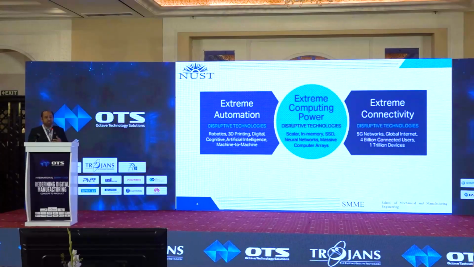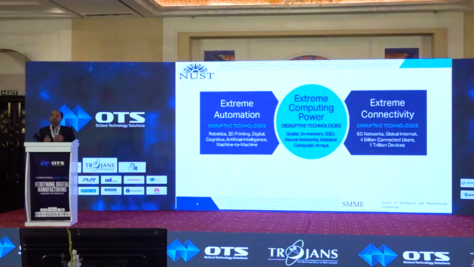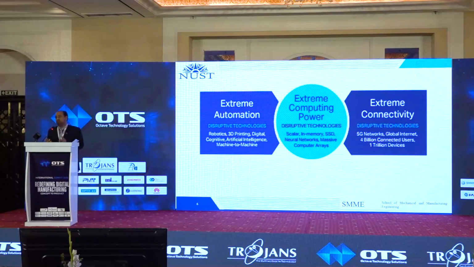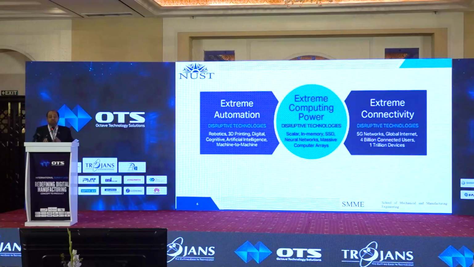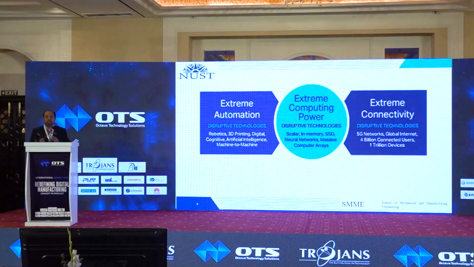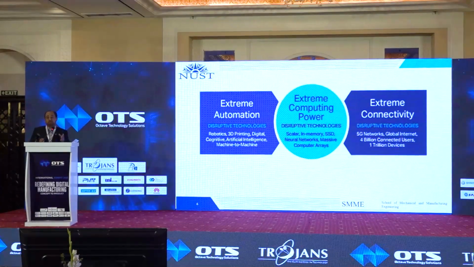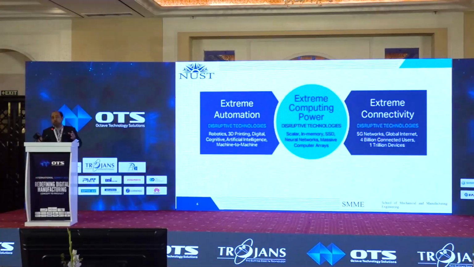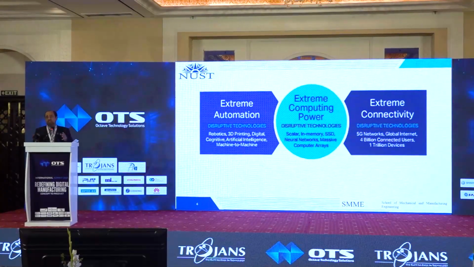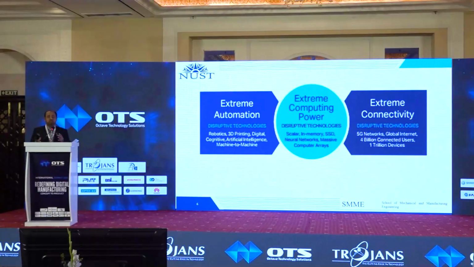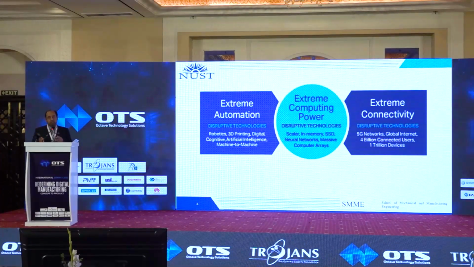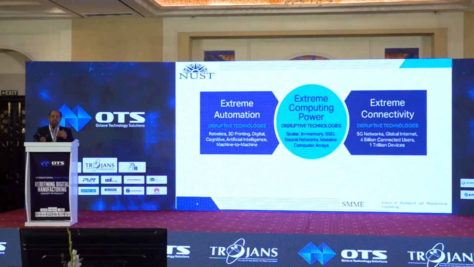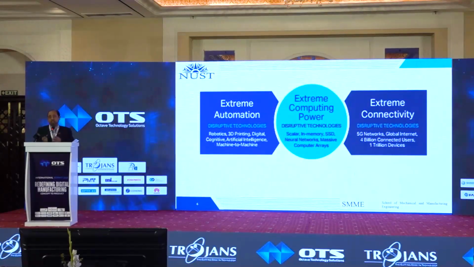So if we see in this one, what we need to provide to the digital customer, or the customer or the organization, is connectivity, computing power and automation. Unless these three areas are connected together, we won't be able to support the digital customer. That can be the customer, the supplier, the logistics and supply chain.